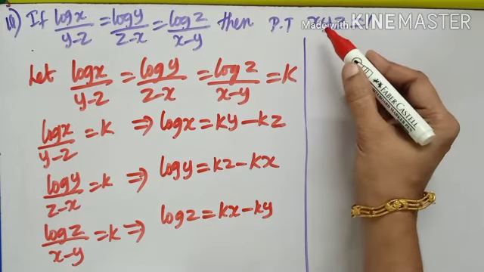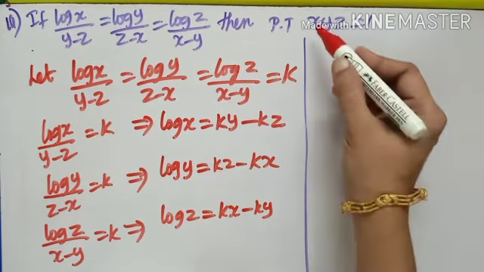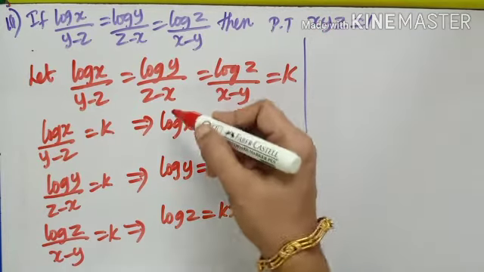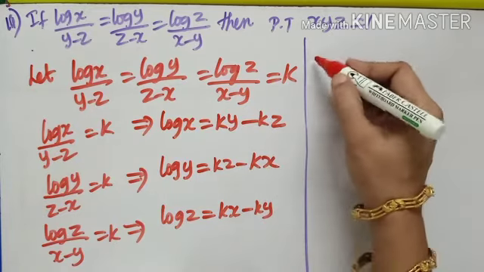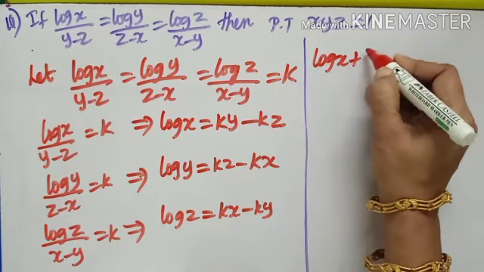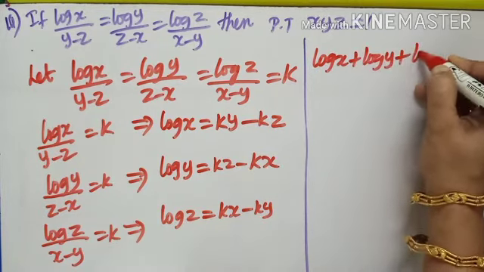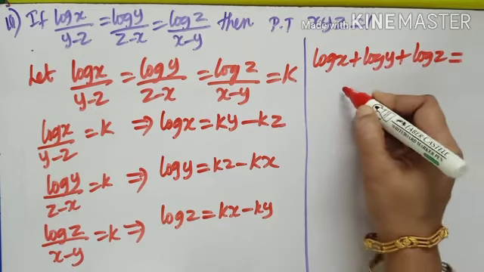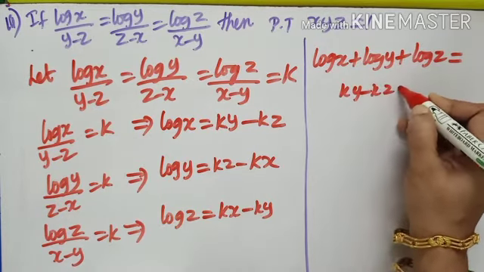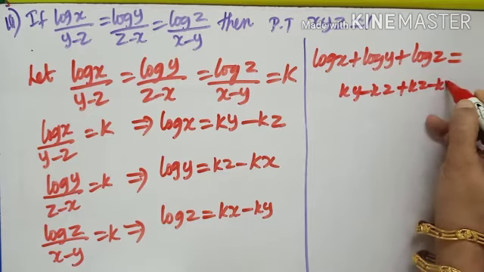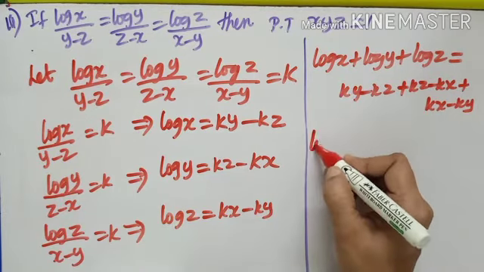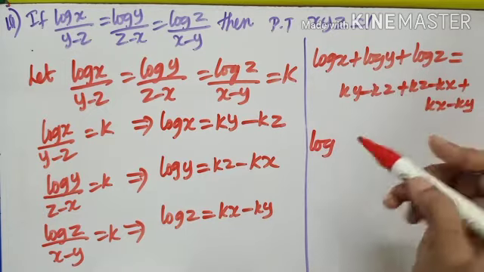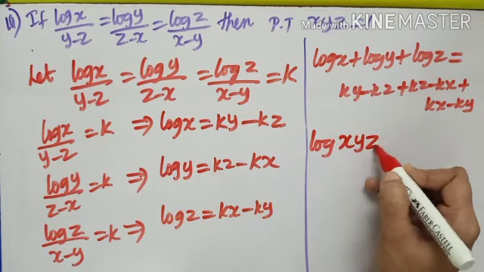The question is x into y into z. If I want the product, add the logarithm. So, adding all this, we get log x plus log y plus log z equals ky minus kz, kz minus kx, kx minus ky. LHS plus symbol tells me multiply.